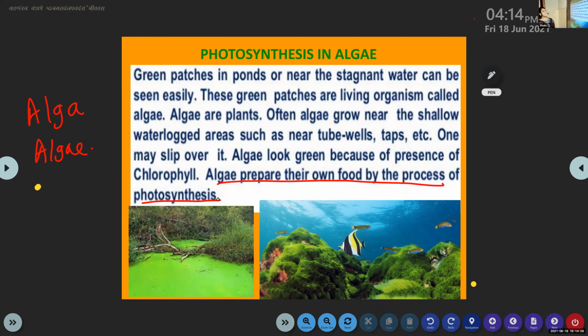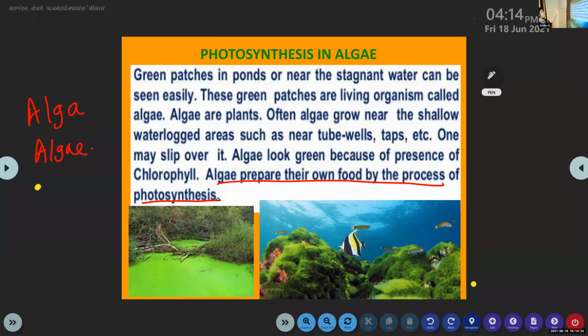Okay, very good. Stagnant water means dirty water or water which is not flowing. If you have a river which is flowing, you will not see algae over there because the water is flowing. So algae are like a fungus, but they are plants. Fungus are not plants, they are organisms. Algae are plants. That's the difference between fungus and algae.